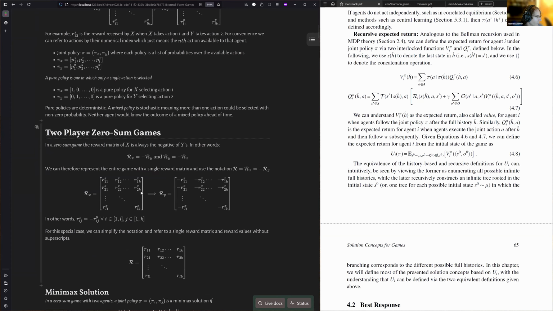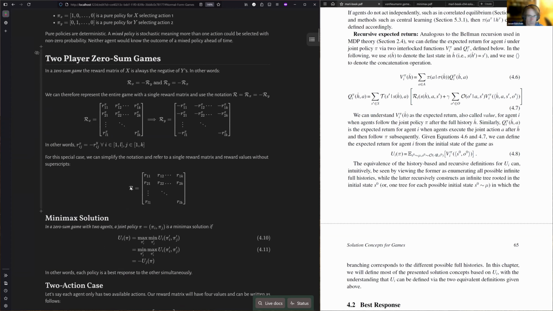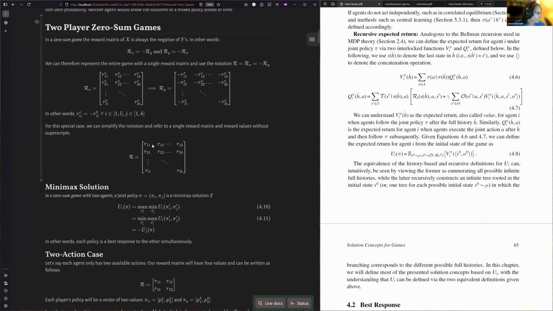So we can simplify our notation a bit by just writing down a single reward matrix where we're just going to take the first player and use those values. So if we care about the reward for the second player, we would just take the negative values of these. Okay, and then we can get rid of this superscript.